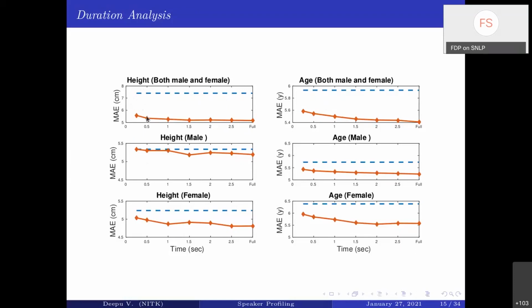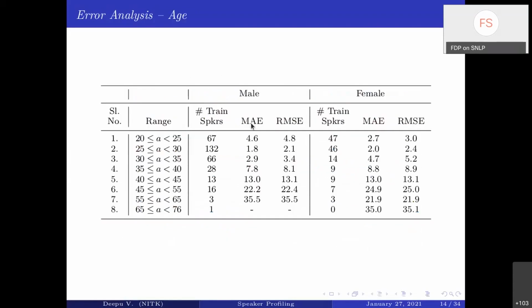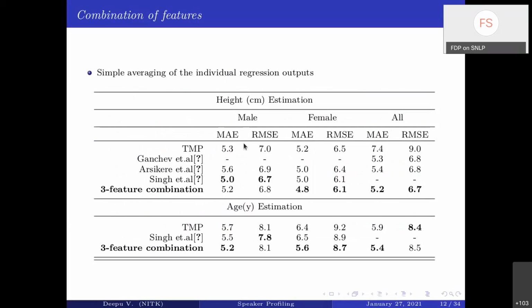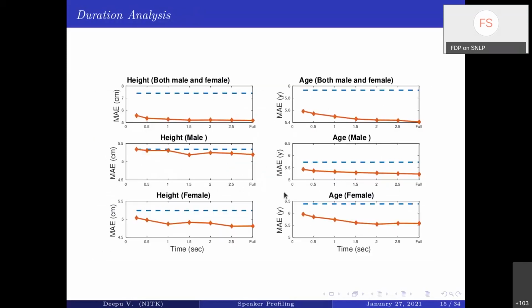Here you will see that it is still fairly robust after around 2 seconds. This is pretty flat. You already get the performance which we talked about after 2 seconds of speech, which is something good with the system, because we will be able to get some idea about the person if we have at least 2 to 3 seconds of speech.